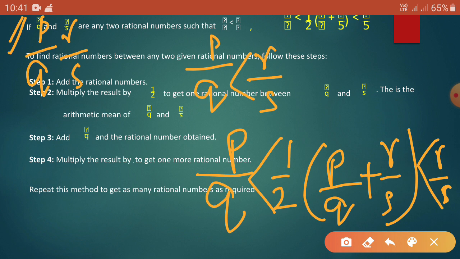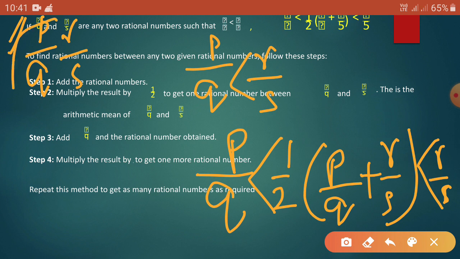So what is the formula? If we want to find one rational number between two rational numbers, then we have to use this formula.